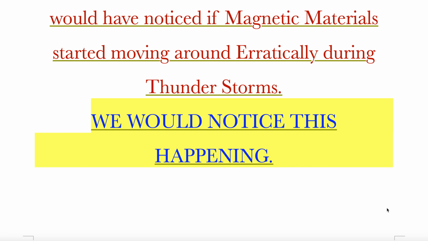I don't see it. It should be right there. I shouldn't have to look and search for it. If this is a real thing, this should be something that's noticeable during the storm, because the Earth is supposed to be a big negatively charged thing. So there should be some kind of erratic, crazy behavior with magnets at least, but we don't see that that I'm aware of.